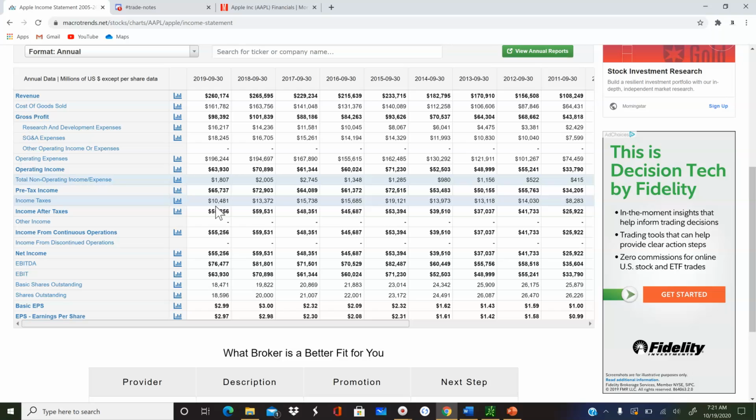So NOPAT allows you to just say, forget all that. Let's just look at the net operating profits. So calculating net operating profit after taxes, or NOPAT, you take the operating income and you multiply it by 1 minus the effective tax rate for that company.